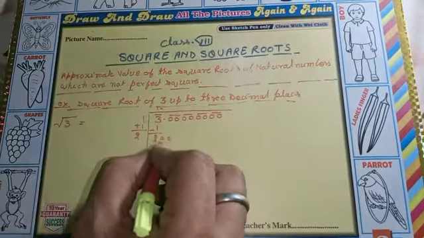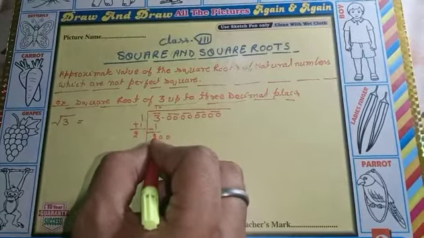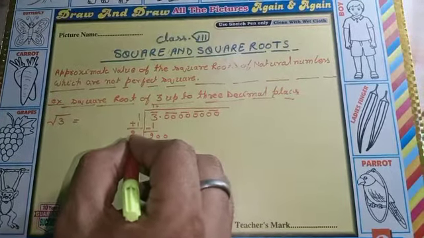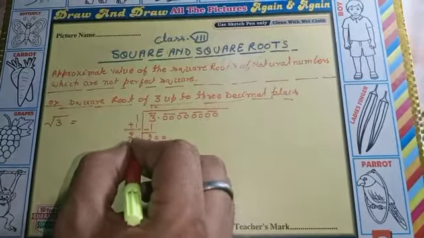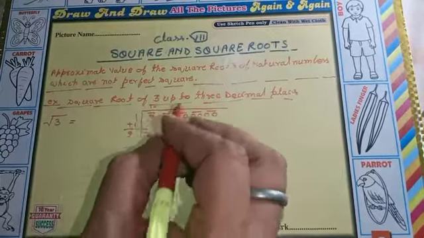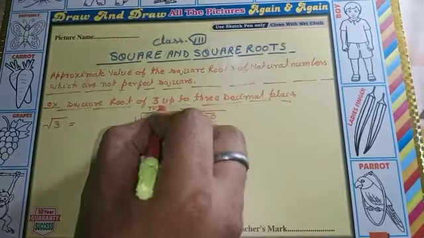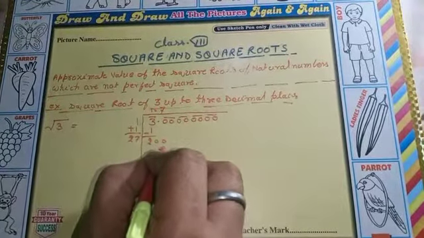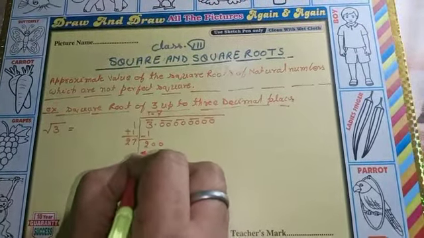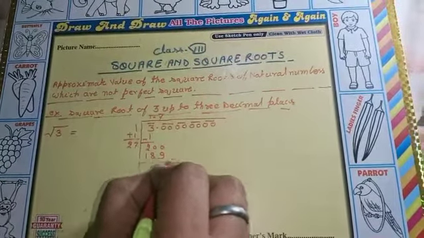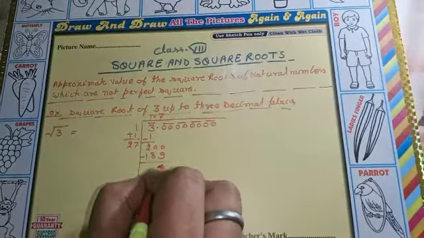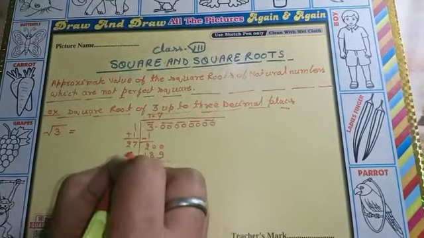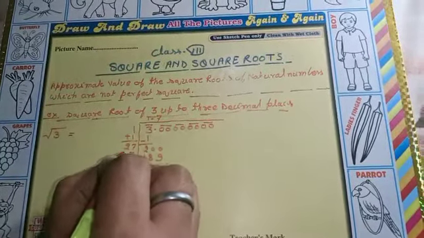Now 2 divided by 20: 2 tens are 20, so we go to 7 times. 7 times 27 is 189, make subtraction: 11. Now 7 plus 7.